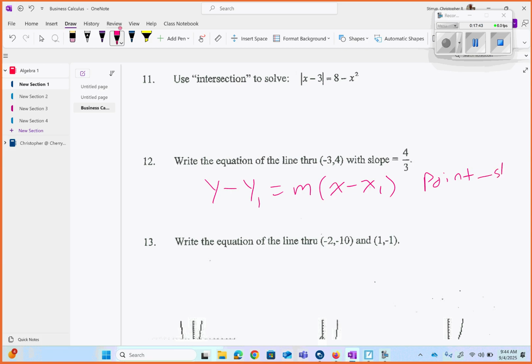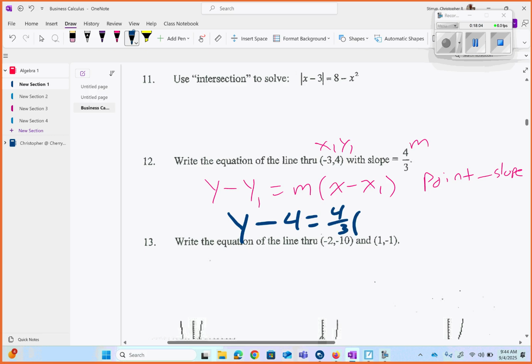I have a point, which is x1 and y1, and I have a slope. And you literally just plug these in. Back in the days of Algebra 1, we made you actually solve it, but here all you do is plug in. So you get y minus 4, slope is 4/3, and then you have x minus minus 3. Minus minus means what? Plus.